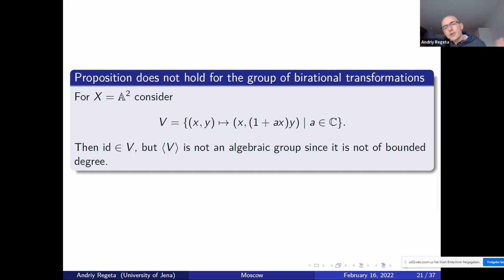You see, you have, for example, x, comma xy, something like that. Not really, of course, because you have y plus axy. But okay, this is not an automorphism, at least. This is something that can probably even be checked by taking the Jacobian.